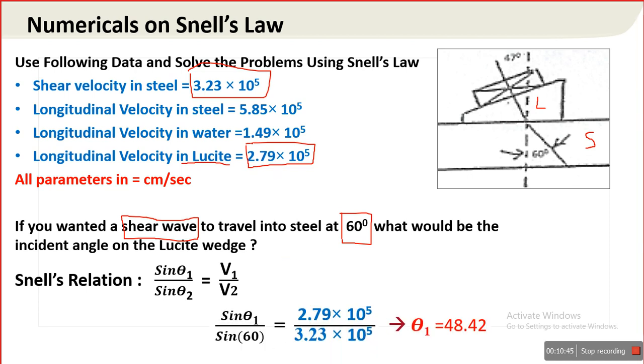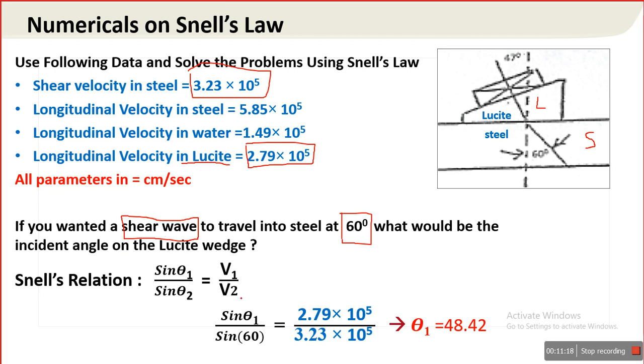So sin theta 1 is to be calculated, sin 60 is given for theta 2, equal to V1, that is 2.79 into 10 raised to 5, which is the longitudinal velocity in the first material, and 3.23 into 10 raised to 5, which is the shear velocity in steel, because we need the shear wave to be transmitted into steel.